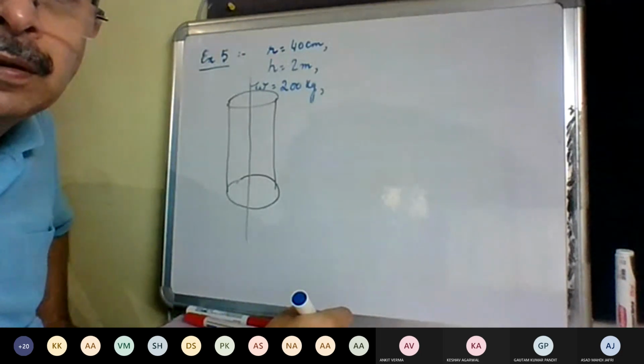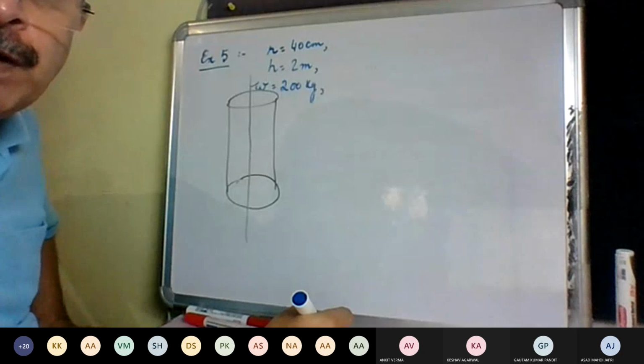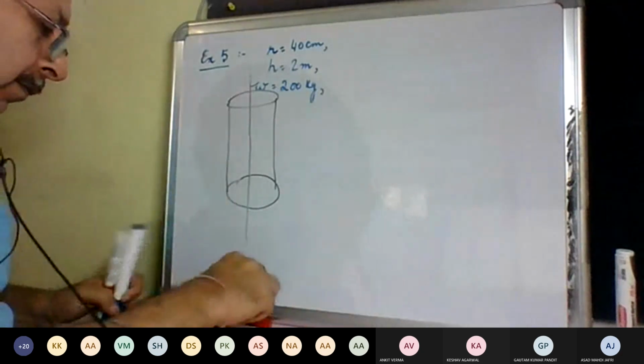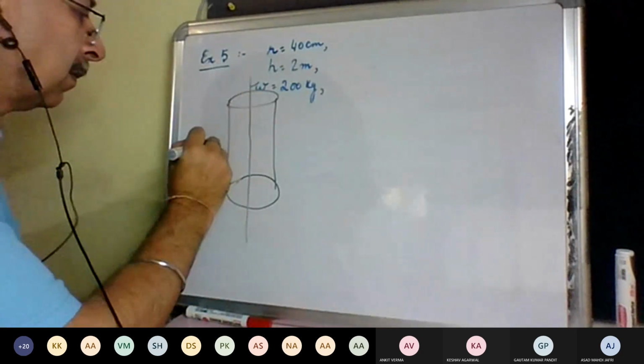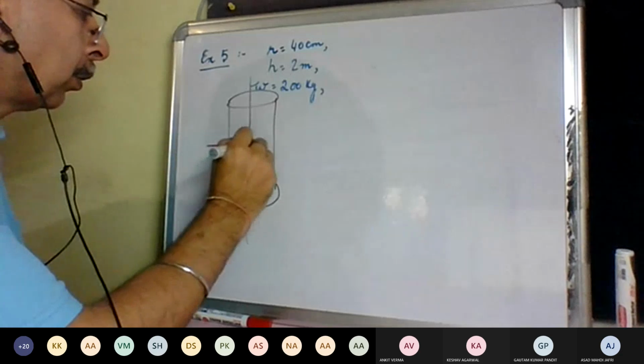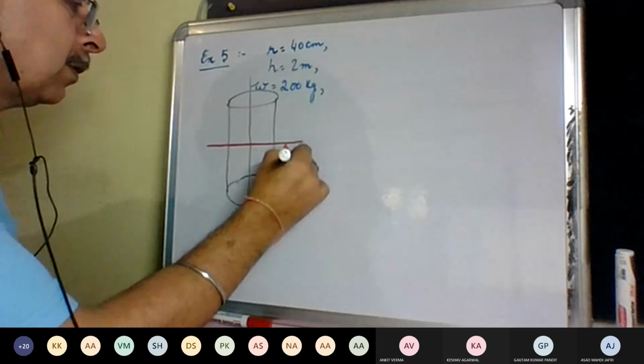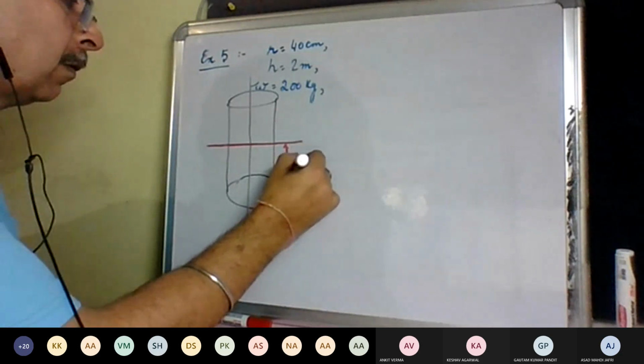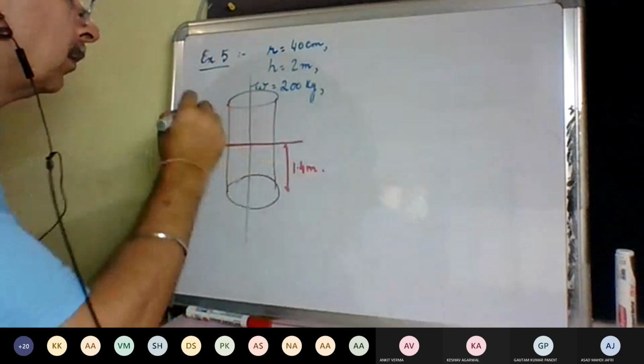And at a draft of 1.4 meters in salt water. So draft is 1.4 meters in salt water.